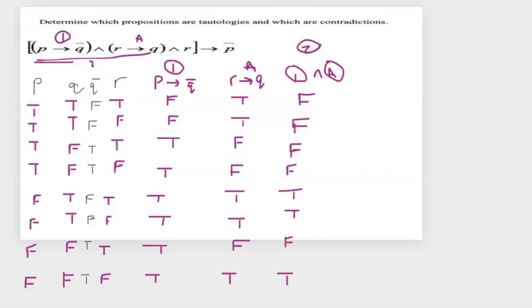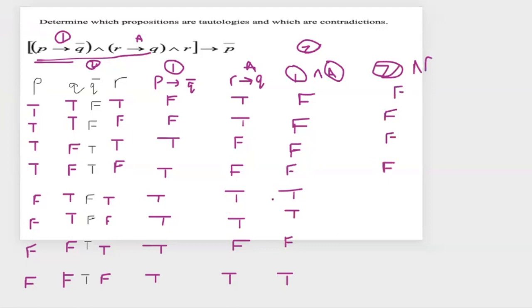So this is 2 now and R. So I'm going to do 2 and R. So true, false, that's a false. False, false, so that's a false. Then you have true, false, so that's a false. Then I have false, false, so that's a false.